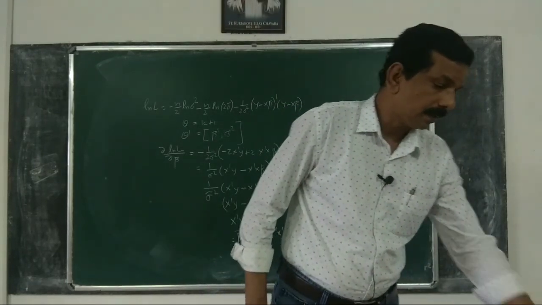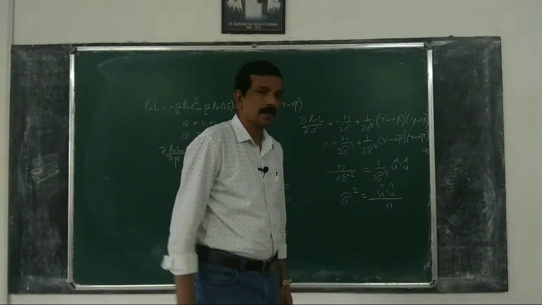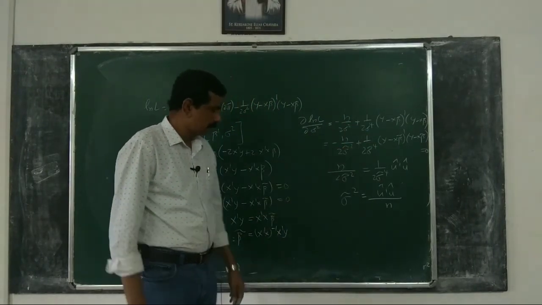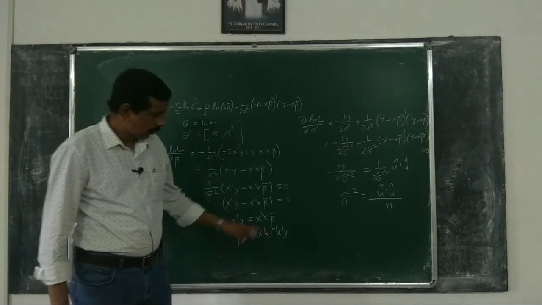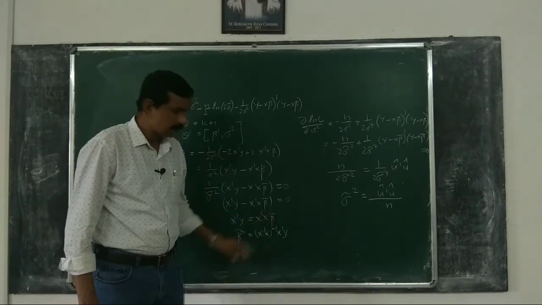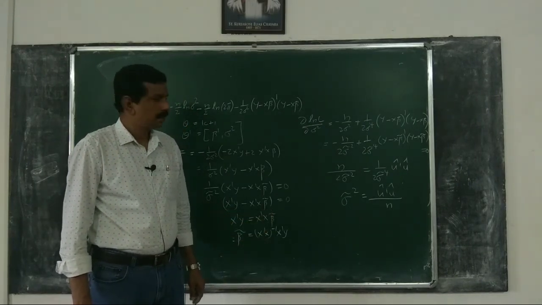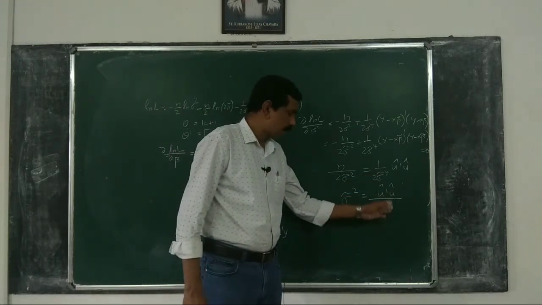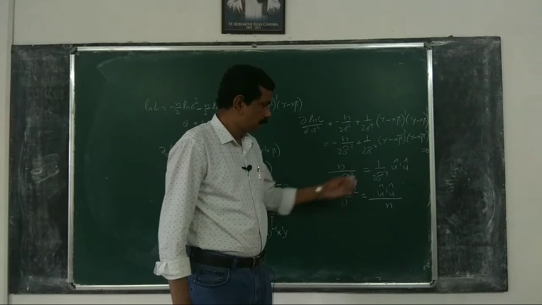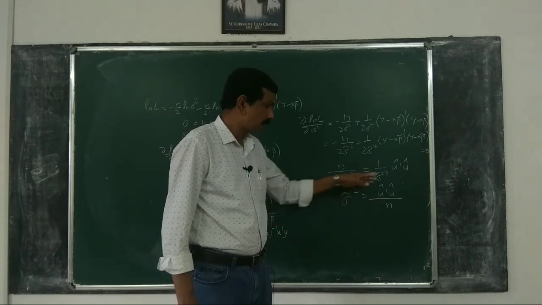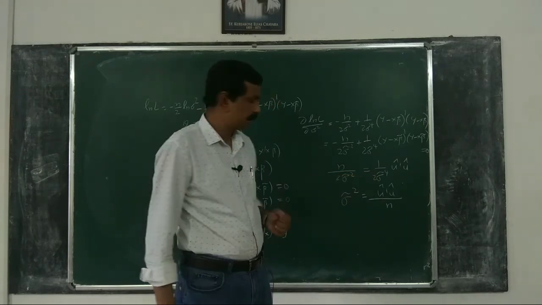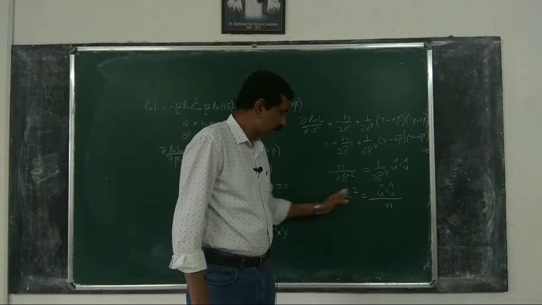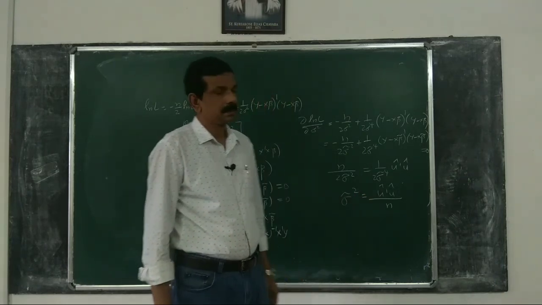So the OLS estimator and ML estimator of beta tilde are the same, whereas the OLS estimator and ML estimator of sigma square are different. The OLS estimator is unbiased, so the ML estimator is biased.